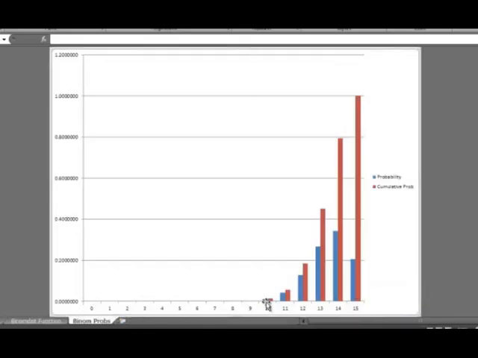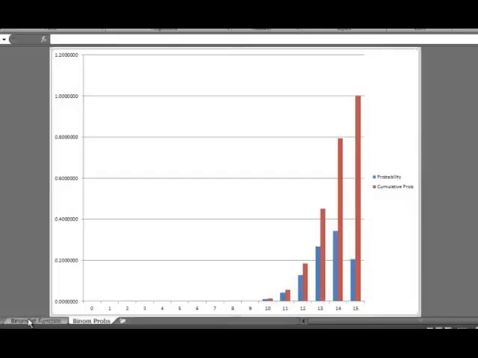Values stay at 0 for a long time, and then they slowly start to increase, and they peak at around 14 defects out of a batch size of 15. And of course, the cumulative probability stays very, very low for a long time, and then only rises rapidly at the end.